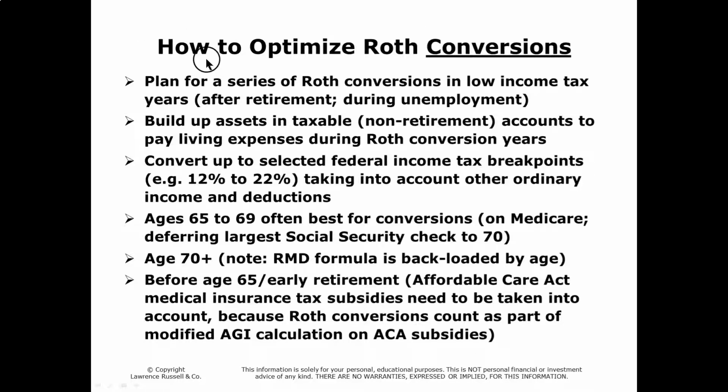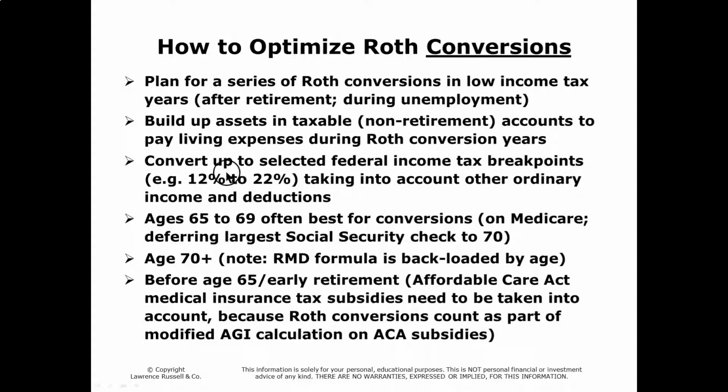This is just a review as well in terms of optimizing Roth conversions. You can plan to do a series of Roth conversions in low income tax years, which occur after retirement or during periods of unemployment. It's good to build up assets in taxable or non-retirement accounts so that you pay living expenses during those Roth conversion years and you don't have to pull out additional money to live on.